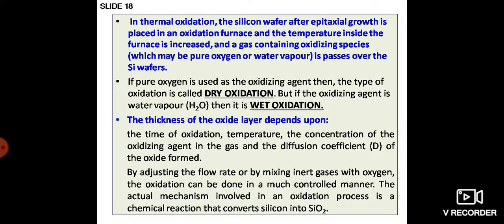Now, by adjusting the gas flow rate or by mixing inert gases with oxygen or water vapor, the oxidation can be done in a much more controlled manner.